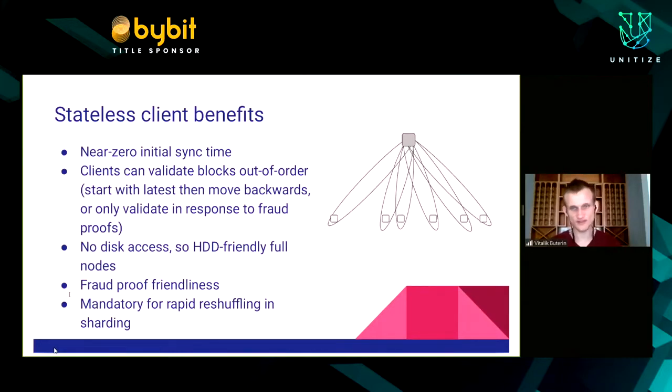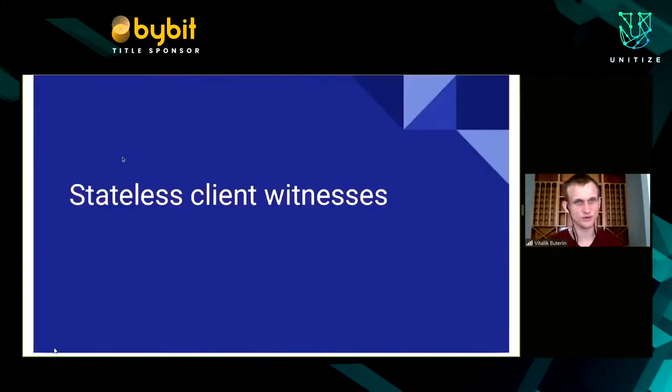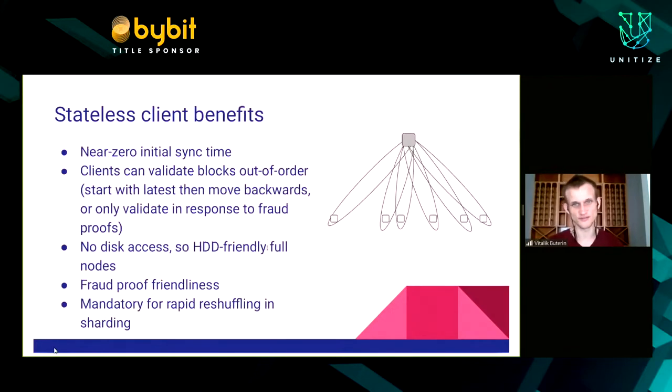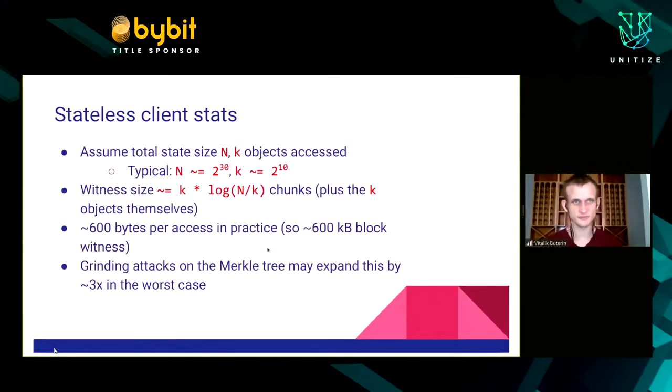So how would you verify it? Well, you would ask for a witness and you would verify it statelessly. So it's also potentially more secure against certain kinds of attacks, especially in cases where disks are fairly slow. So a lot of benefits.